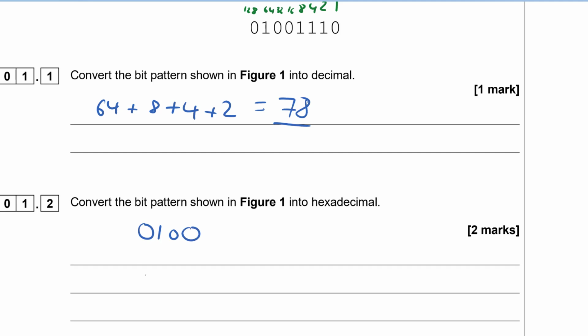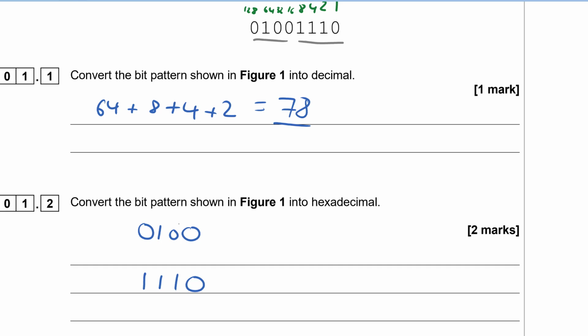A nibble is 4 bits, and 1 nibble equals 1 hexadecimal digit. So if you split your bit pattern into nibbles, you convert each one to hexadecimal and put them together, and that gives you the final answer.